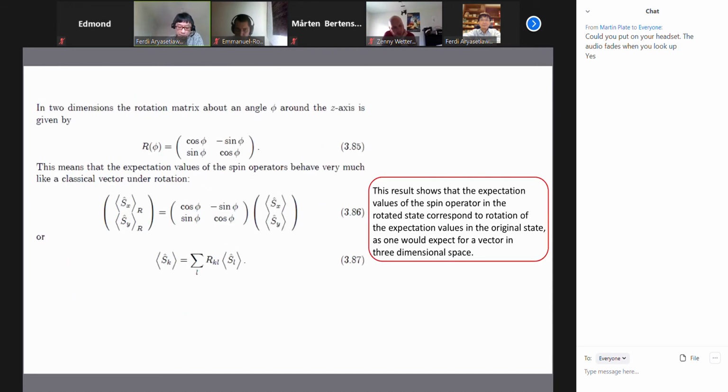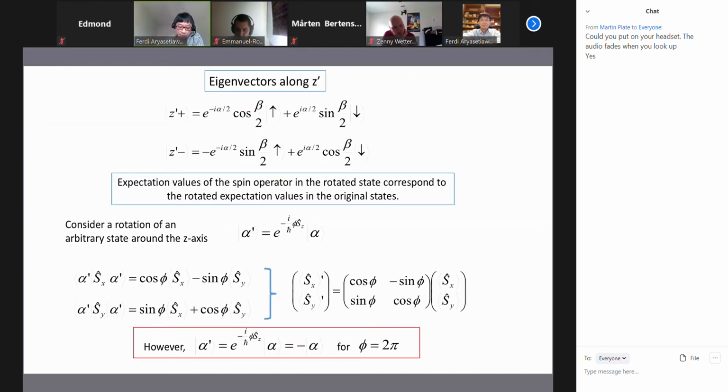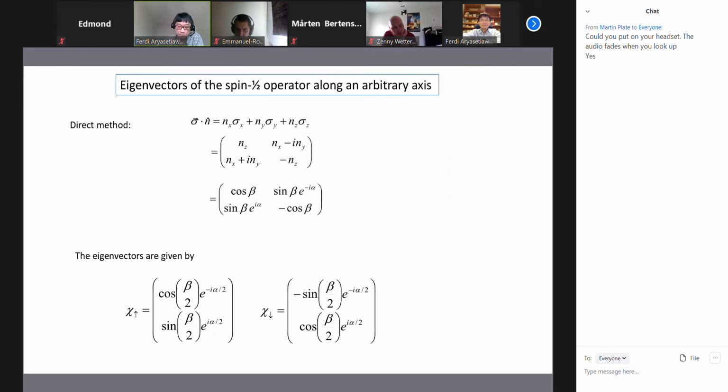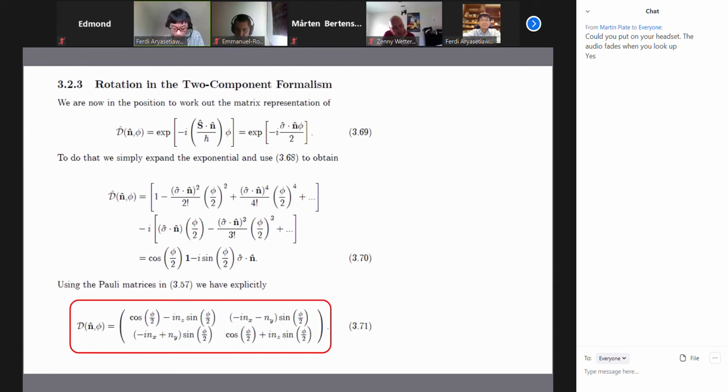There's always a problem with that. Okay. So the rotation operator in spin space is then given by this one here.